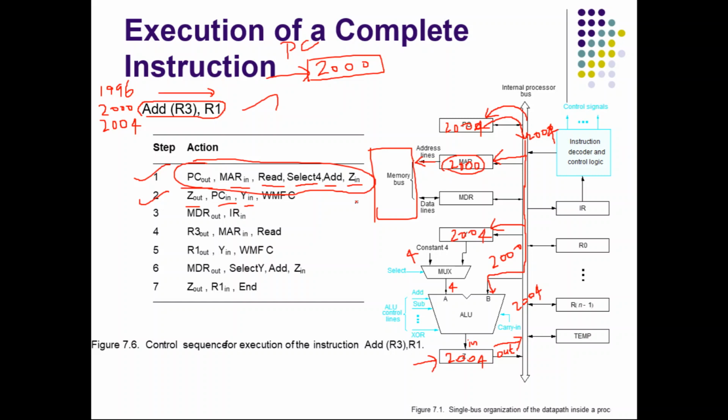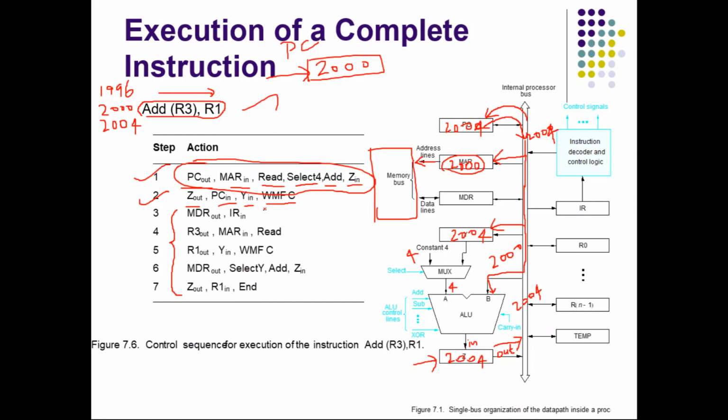Then we are waiting for the memory function to complete. Previously we asked the memory to read the instruction. By this time it might have been completed or not completed. If it is not completed, it has to wait. These instructions can be done even before the memory read is completed, but the following instructions cannot be done until the instruction is read and placed in the instruction register.